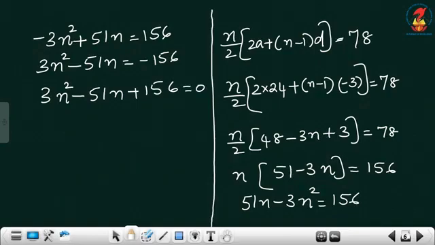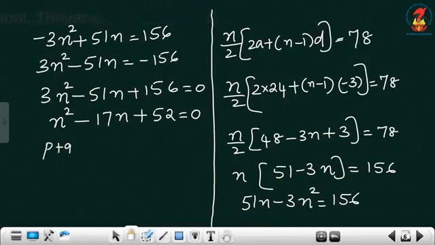3 is common, so we can divide. n square minus 17n plus 52 equal to 0. So this is a quadratic equation. We can solve using any of the methods which you have learned, either by using factorization or by using the quadratic formula. Here I am using factorization.